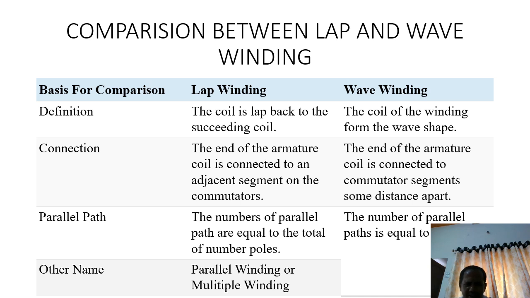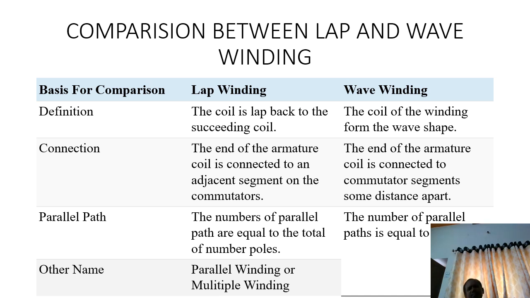First of all, connection. In lap winding, the end of the armature coil is connected to an adjacent segment on the commutator. In wave winding, the end of the armature coil is connected to a commutator segment some distance apart.